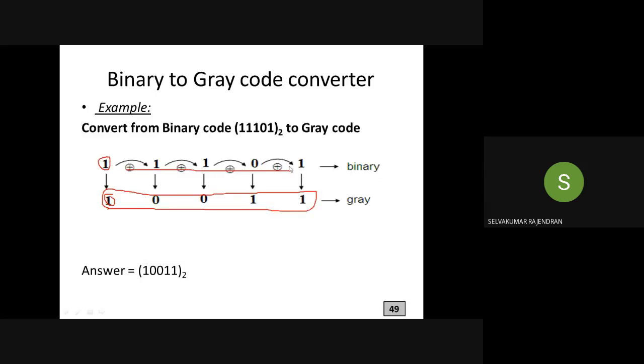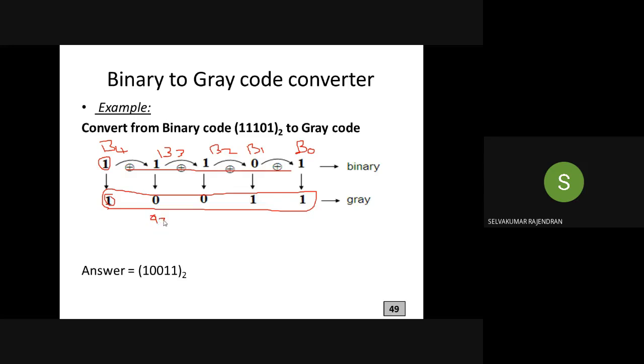For example, here we have 5 bits: B0, B1, B2, B3, B4. The gray code is also 5 bits in length. So B4 should be G4.